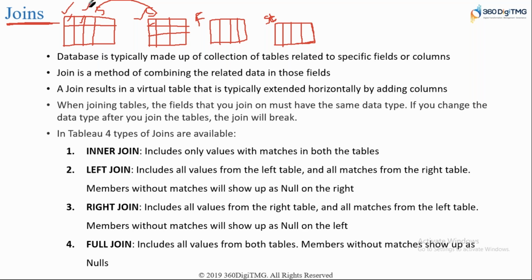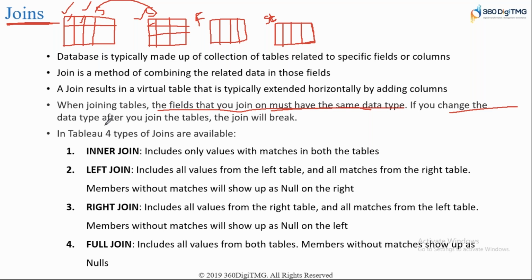But to be able to join the data coming from multiple tables and create a report using that data, there has to be a common field between the tables that you're trying to join. There has to be a common field, and that field should have the same data type.